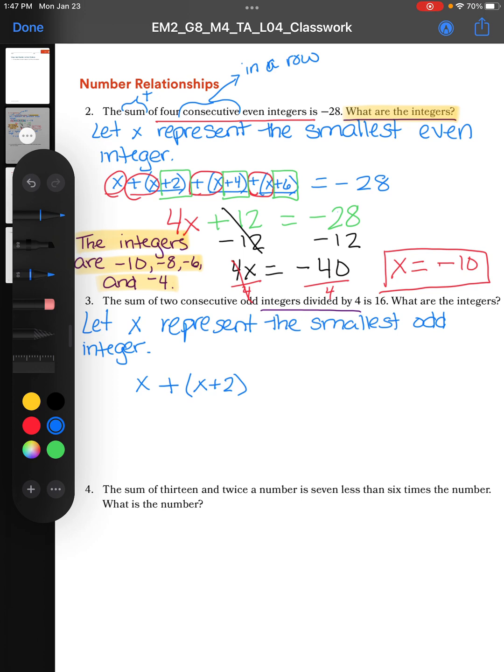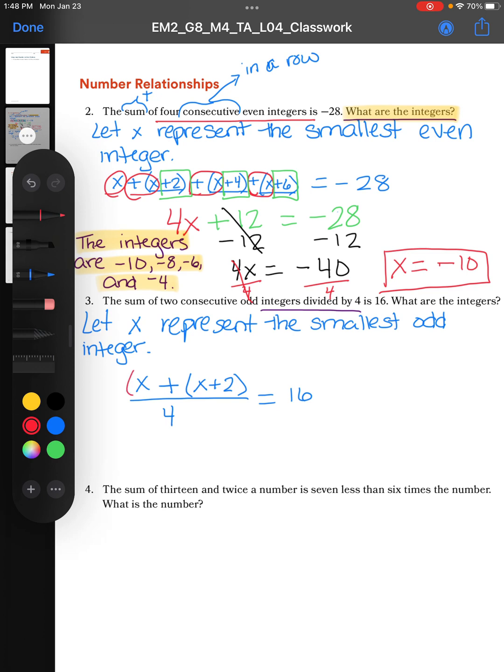But in this case, it's going to be odd. The sum of two consecutive odd integers divided by 4 is 16. What are the integers? So now I have my problem, right? Now I can solve, see if it makes sense.